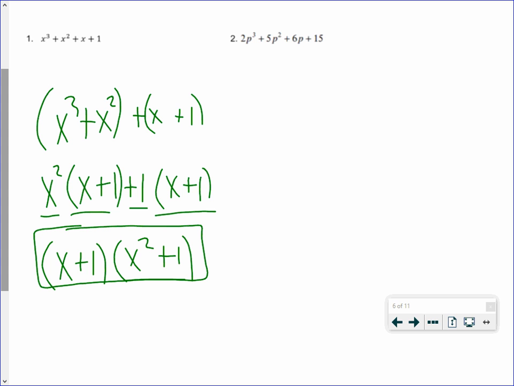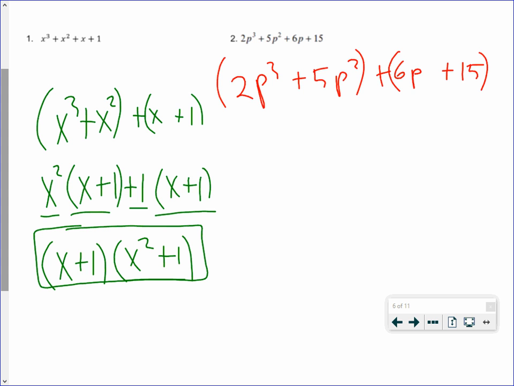All right, so now let's go over number 2. We're going to do the same thing. I'm going to rewrite it, and then we're going to factor it using grouping. Okay? So factor by grouping, like I said before, we're just going to pair up terms of the polynomial. So we'll put the first two together and the last two together, and we're going to factor out a GCF.